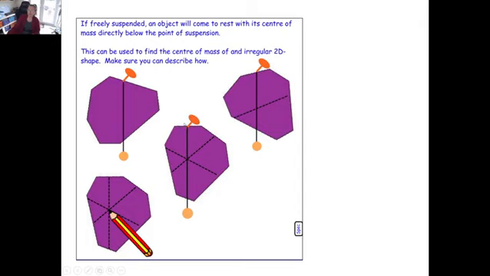If you do this a third time and maybe even a fourth time, you should then start to see that the centre of mass is determined by where all those points cross over, and that will be your centre of mass.